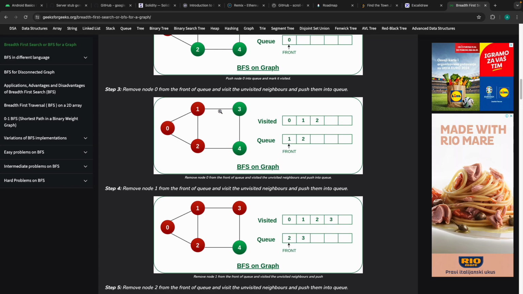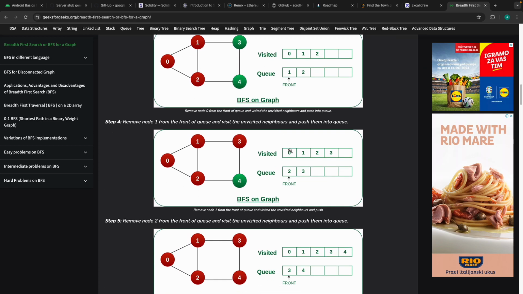After it we push any others from 1, 3 to queue and to visited.